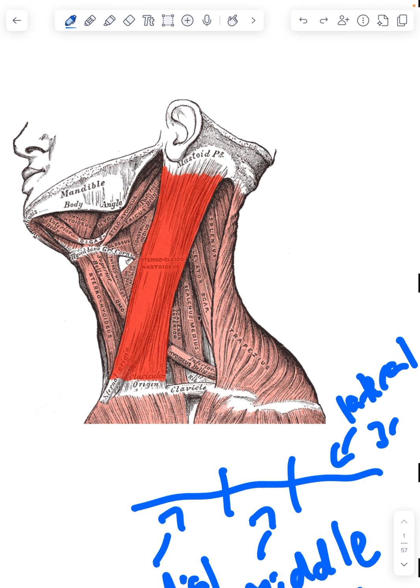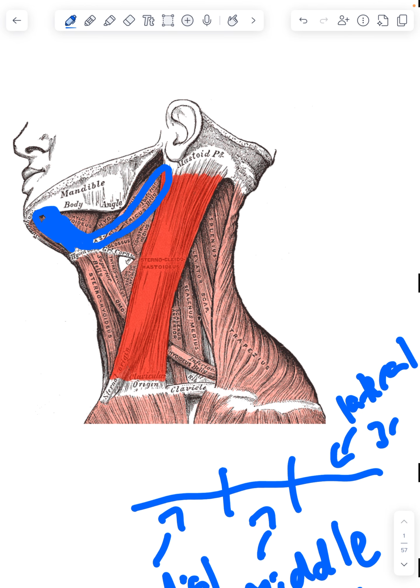So in lab, if they pin one of these two muscles, if they pin the back one and you see another muscle in front of it, then the one in the back is the posterior belly of the digastric. If they pin the anterior one, it's the stylohyoid. Mylohyoid, you can see up here. And then digastric, this is the anterior belly, all the way to the posterior belly.